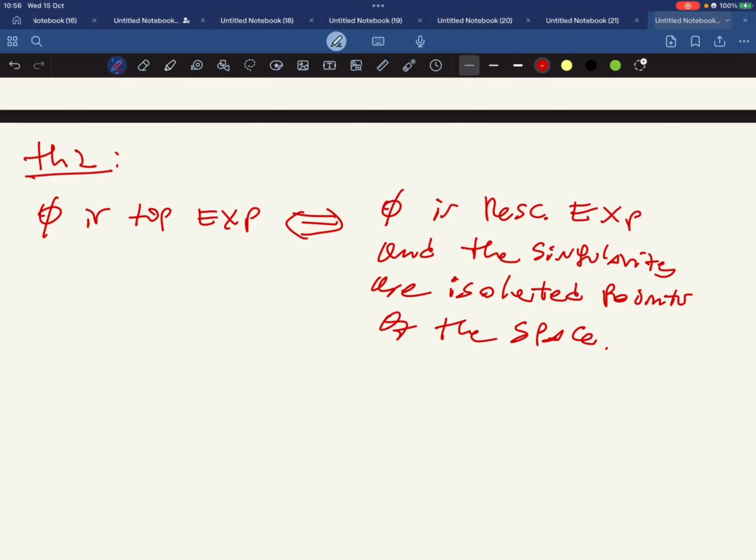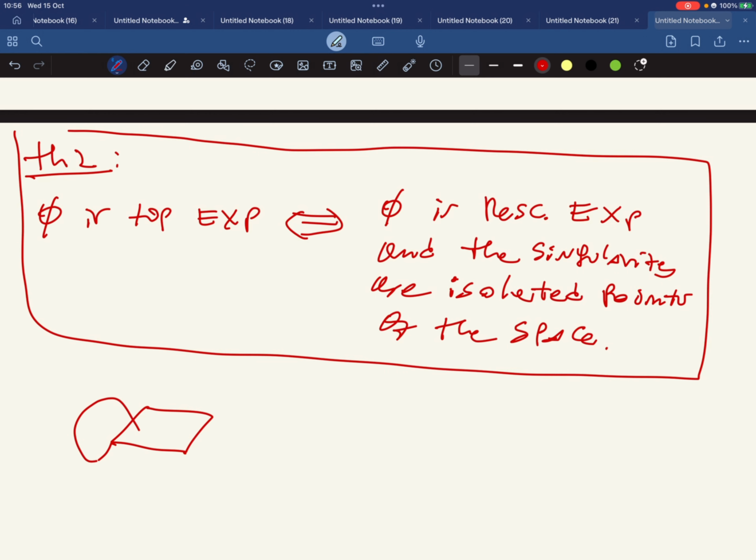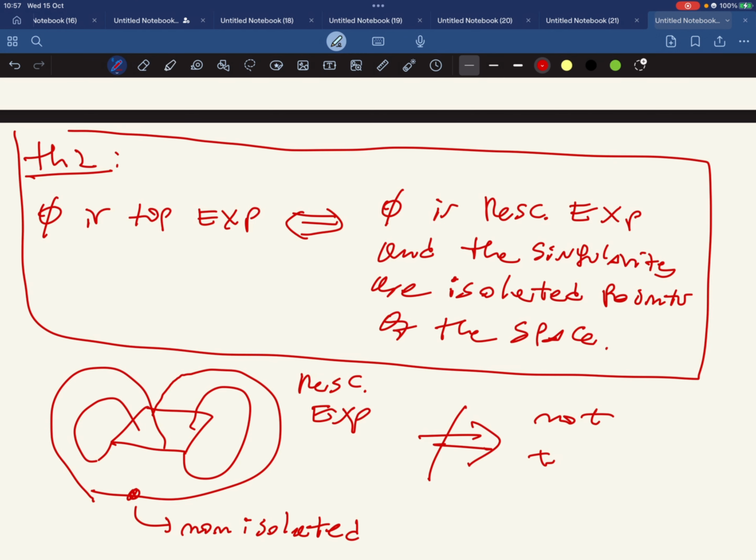Okay, this means that, as you can see in the Lorenz attractor, the singularity is scaling expansive, but there is a non-isolated singularity. This implies, of course, not topologically expansive.